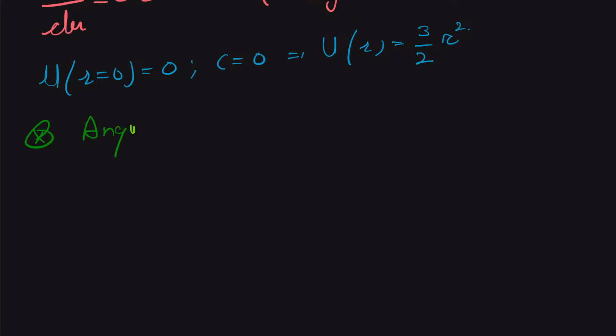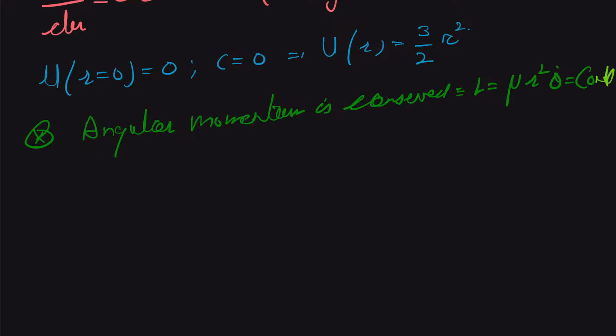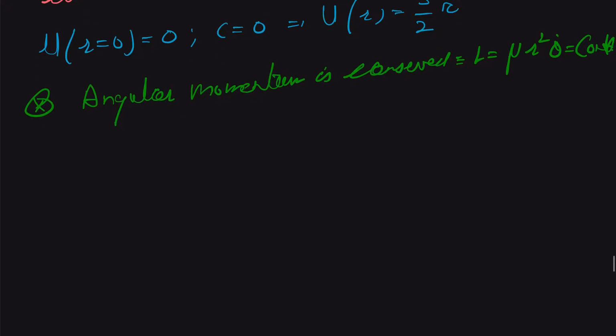So we can say our angular momentum is conserved, or we can say our L is equal to mu r square theta dot, and that is equal to a constant.